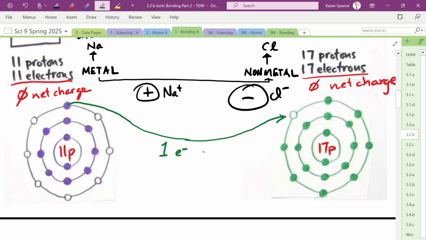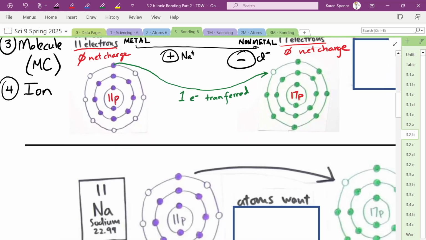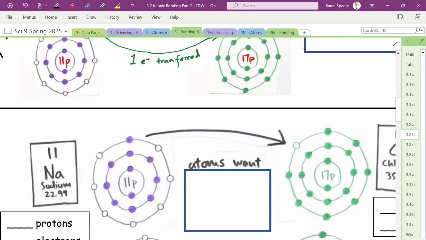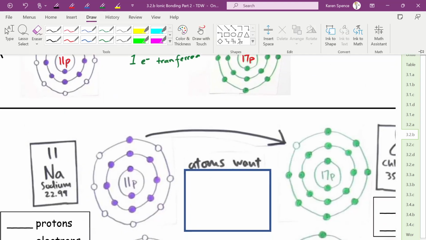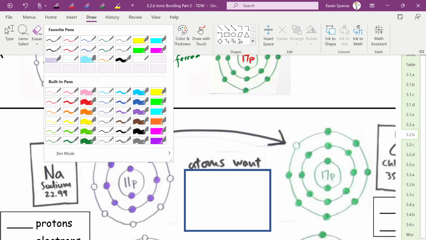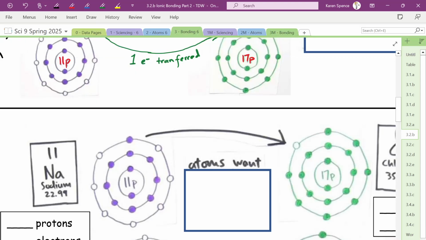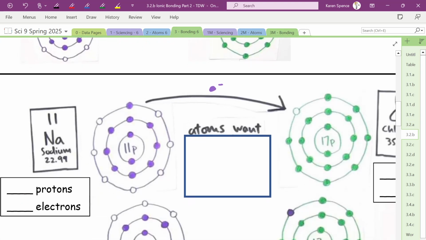One electron is transferred. Okay, and they're showing that down here. One electron goes from sodium to chlorine because what do atoms want?